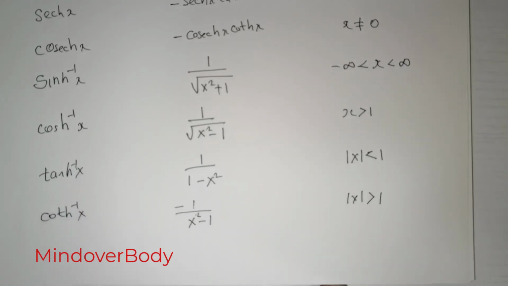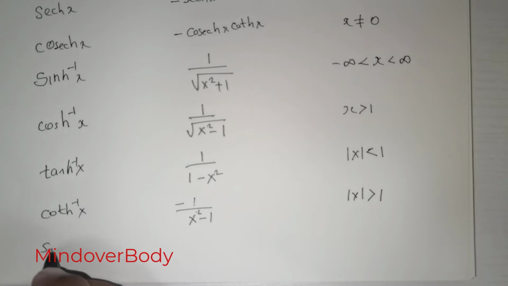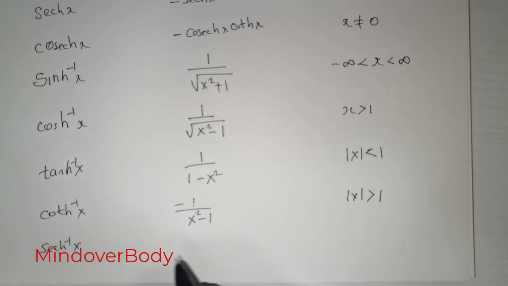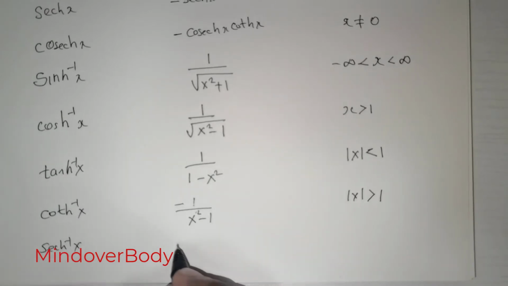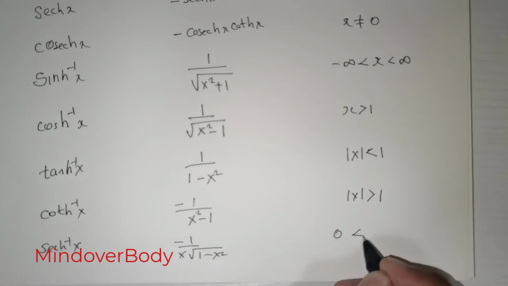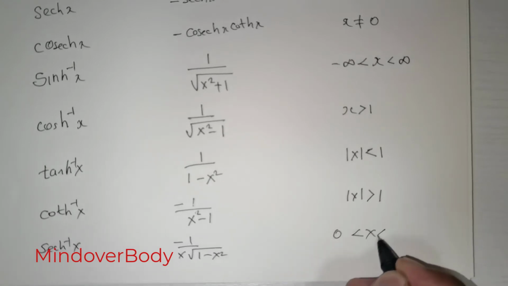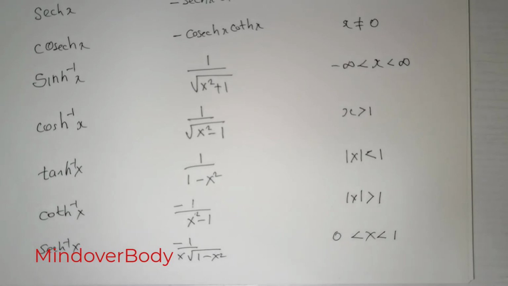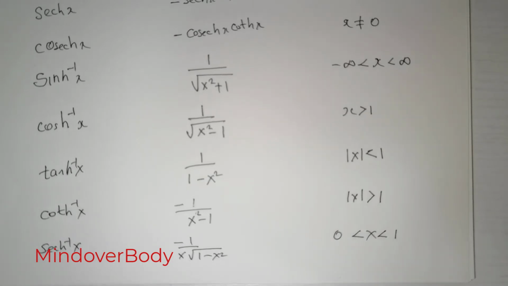Now we have two more quantities, which is sech inverse of x. The derivative of sech inverse of x is negative 1 over x times square root of 1 minus x squared, and the domain is 0 less than x less than 1.